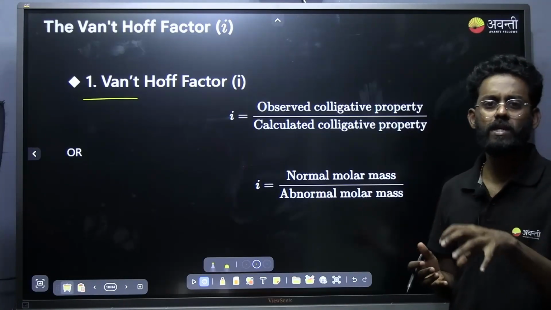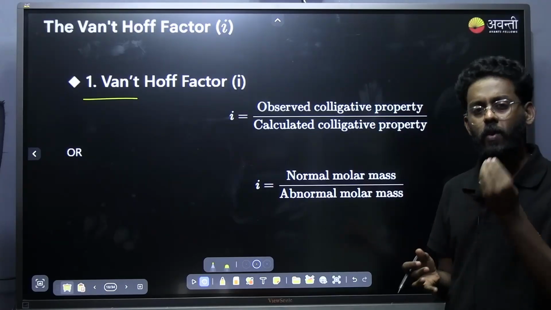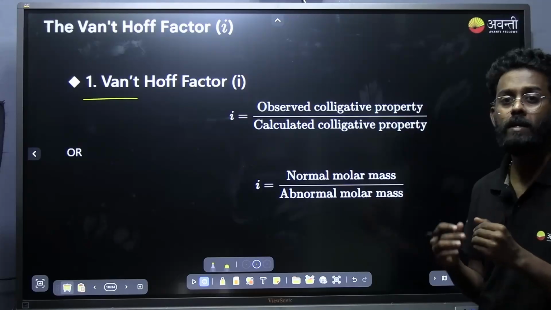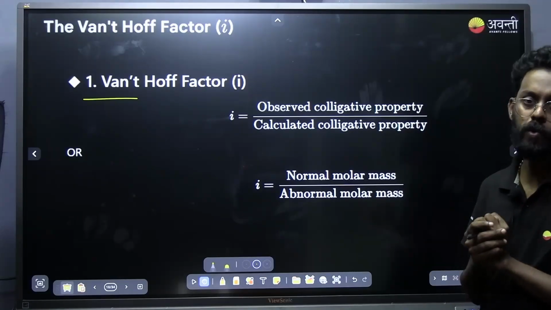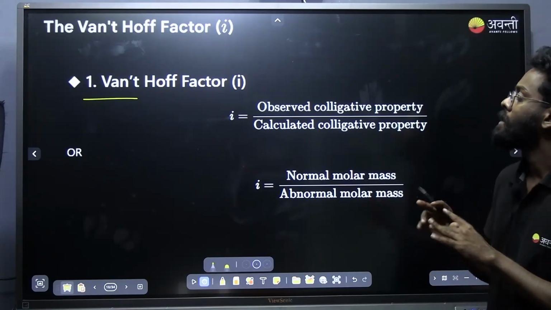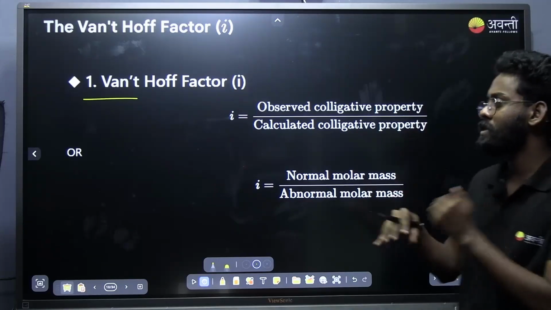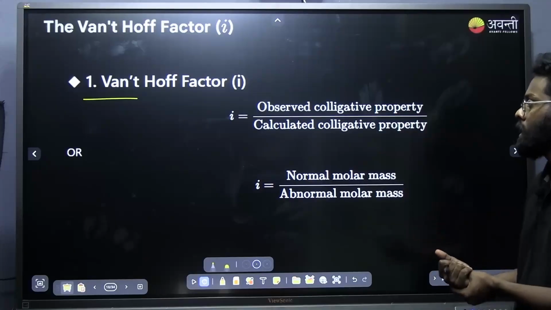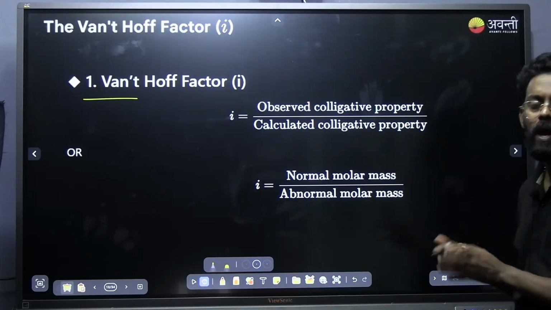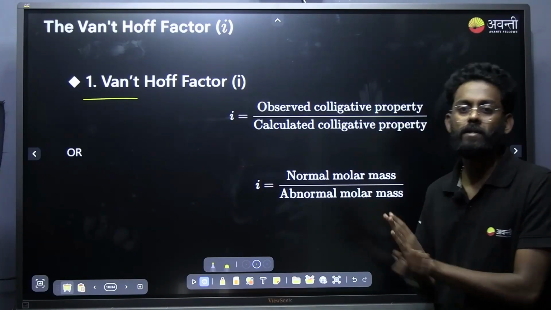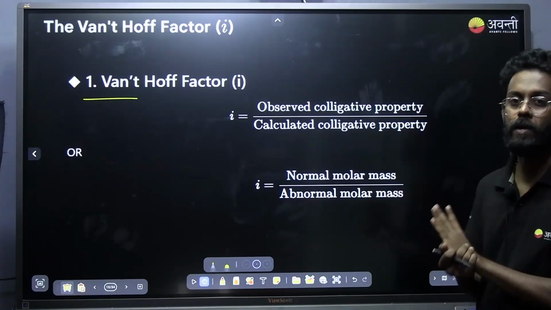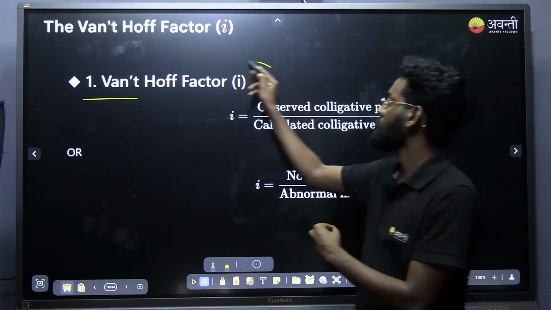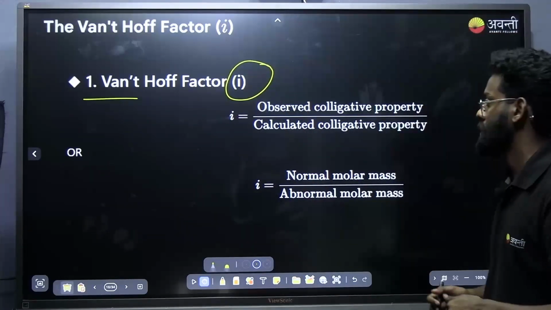If it undergoes association or dissociation, the amount of solute particles will change. And we all know that colligative properties depend only on the amount of solute particles. If there is association or dissociation of solute particles in a solution, there will be a change in the value of molar mass or whatever we are going to find out using colligative property. To correct that, we use a correction factor which is called the Van't Hoff factor.